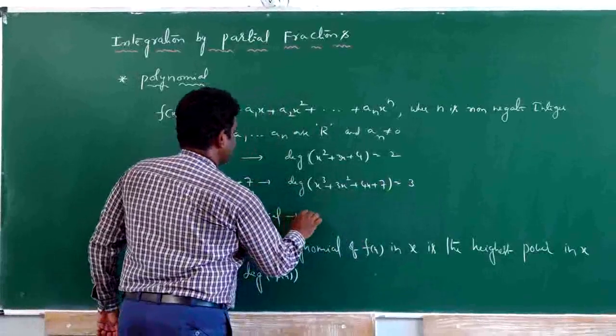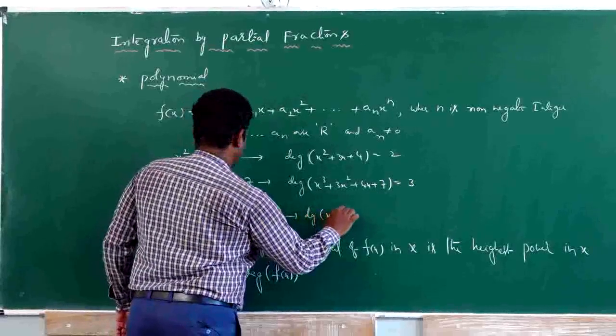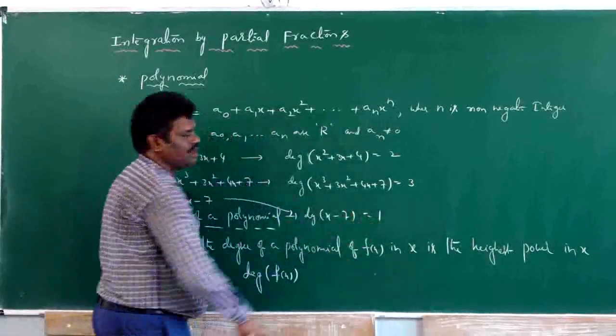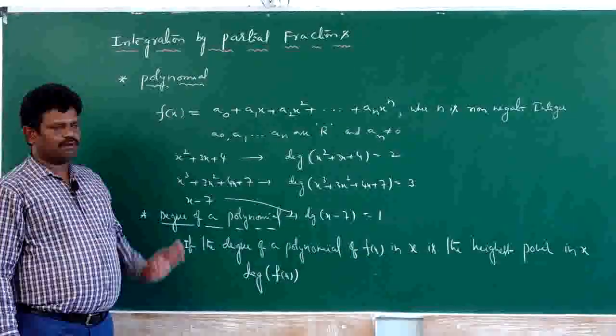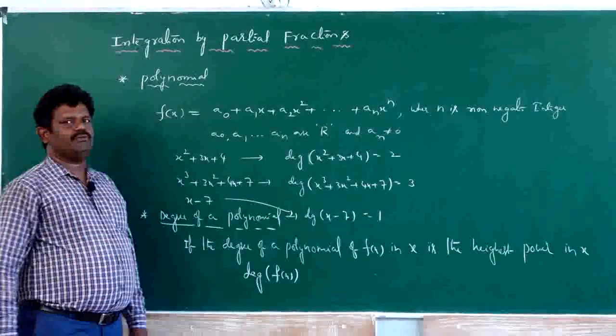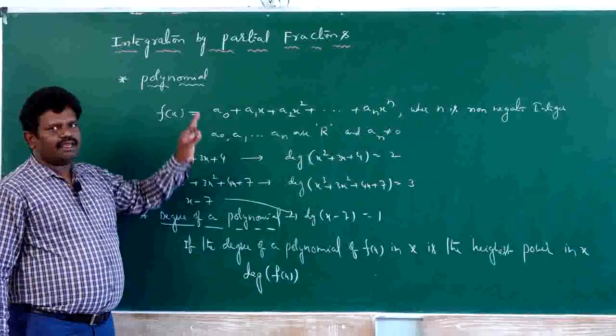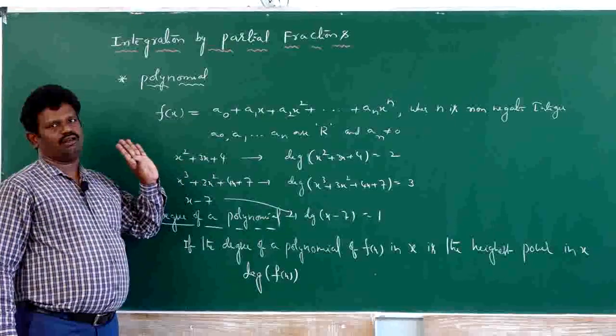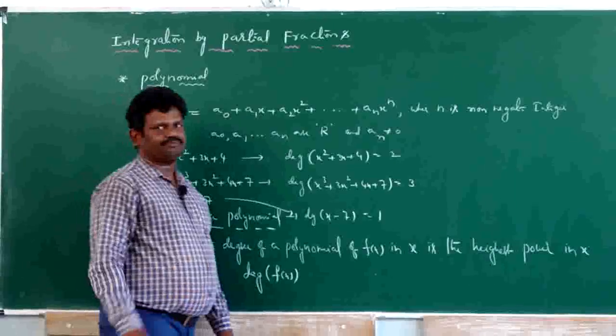And for a linear polynomial, the degree is 1. So the highest power of the variable in the given polynomial is called the degree of the polynomial.